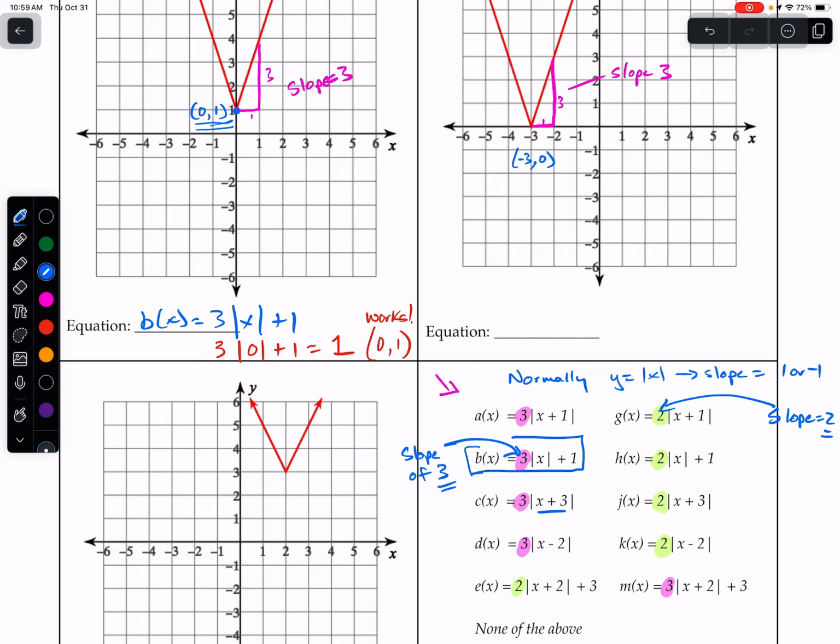Well, that's going to happen here at c. I plug in negative 3, I'll get 0. So c of x equals 3 times the absolute value of x plus 3. Whoops, forgot my slope. There. And we can see when we plug it in, 0 does equal 3 times negative 3 plus 3.